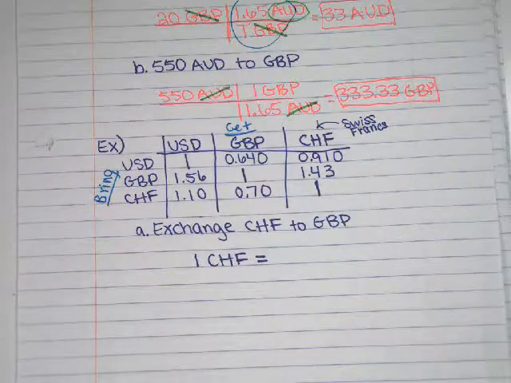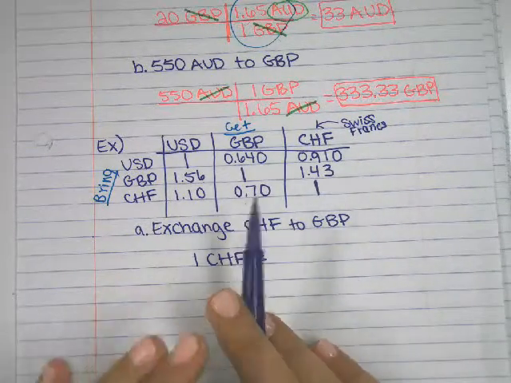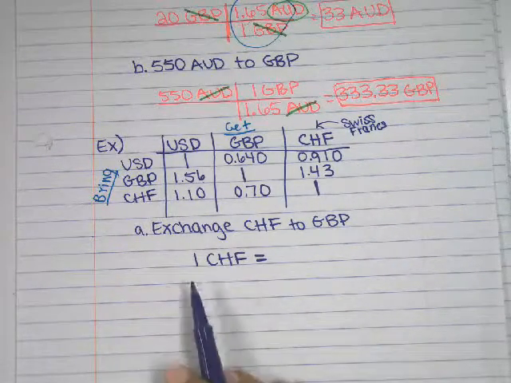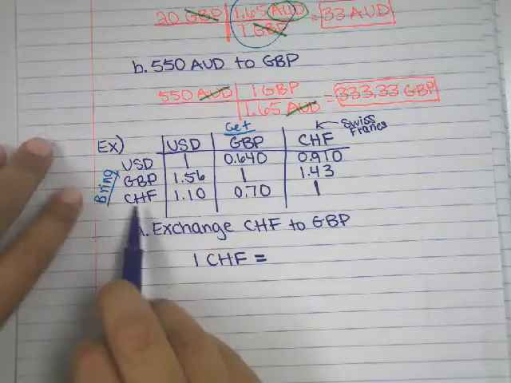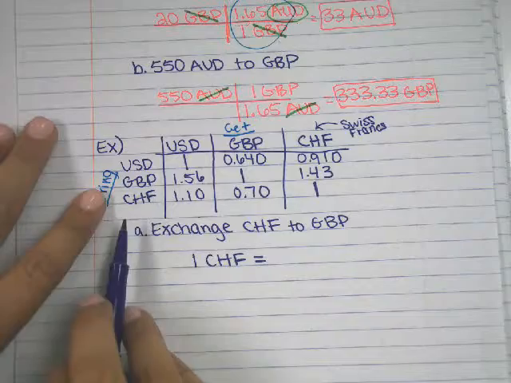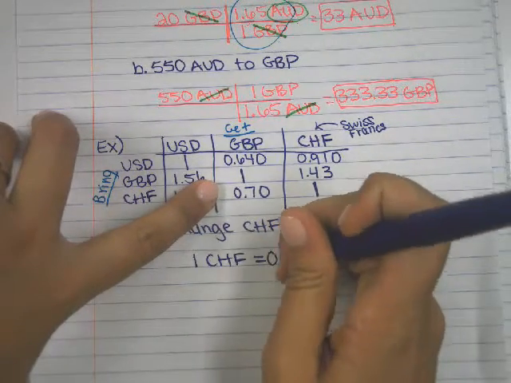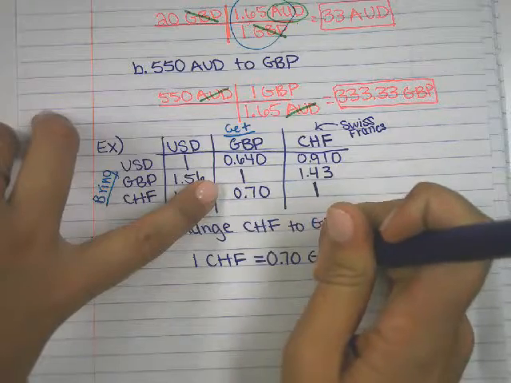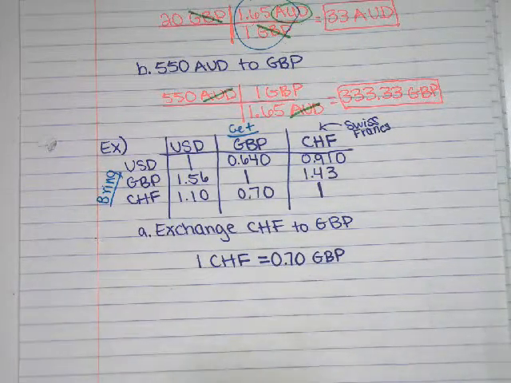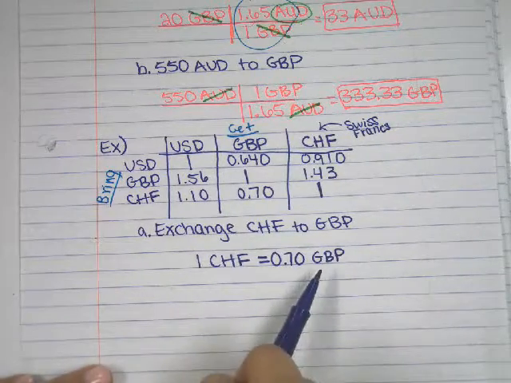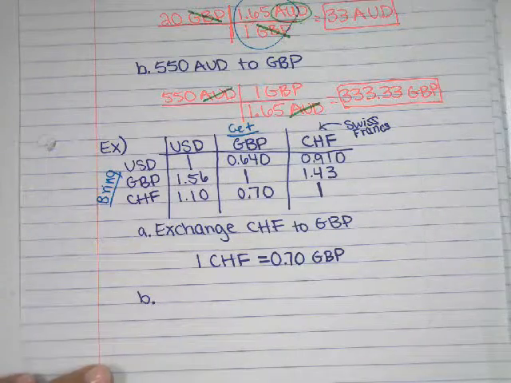What does that equal in Great British pounds? An exchange rate just equates them. So we're taking information from this table and trying to create an equation. So if I bring one CHF, I get 0.7 GBP, reading that from our table. So that is the actual exchange rate. If a question asks for that, this is what they're looking for. We're not bringing a certain amount of money, we're just asking, what's the rate?